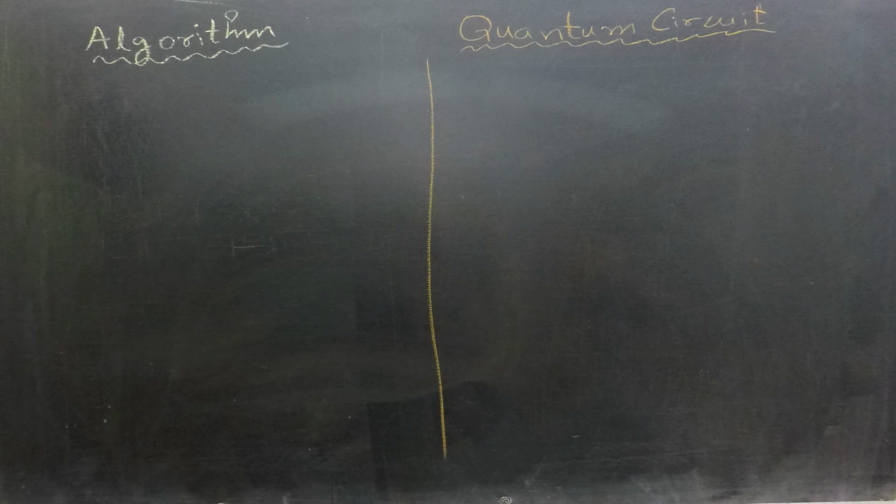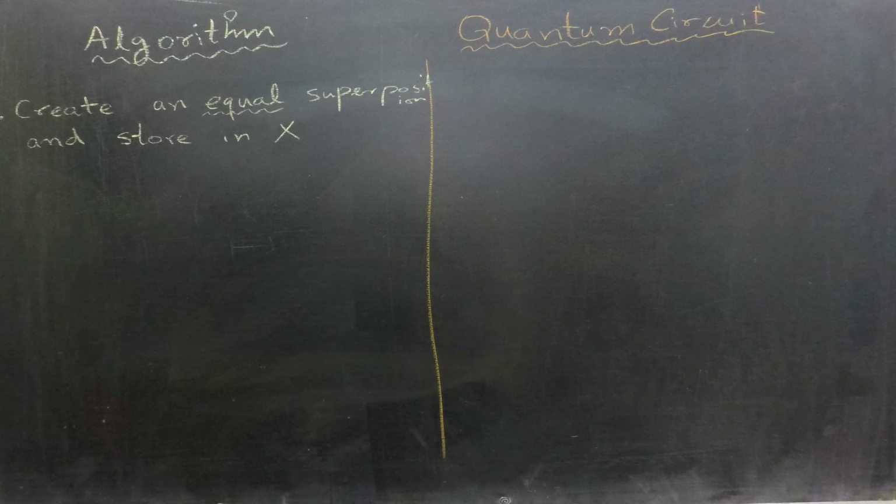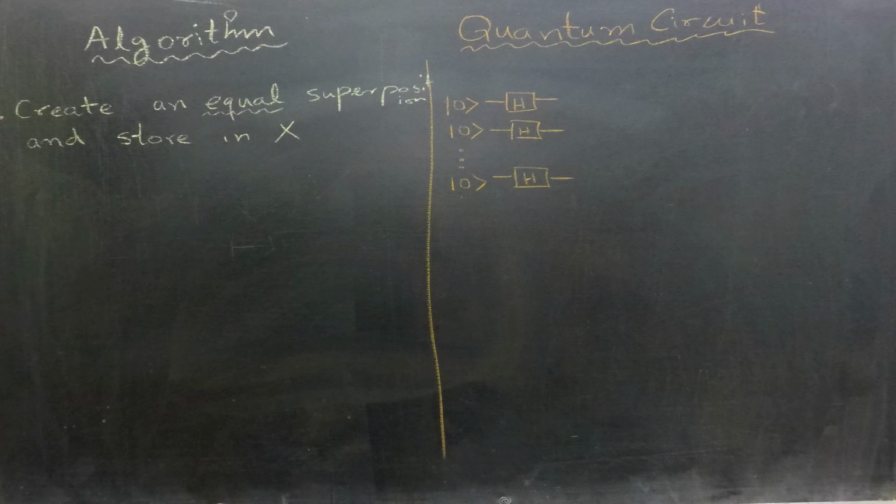To that end, on the left hand side is our algorithm, whereas we construct our circuit on the right hand side. Step 1 involves creating an equal superposition and storing it in register X. To create the quantum circuit for this step, we feed ket 0 as input to n Hadamard gates.